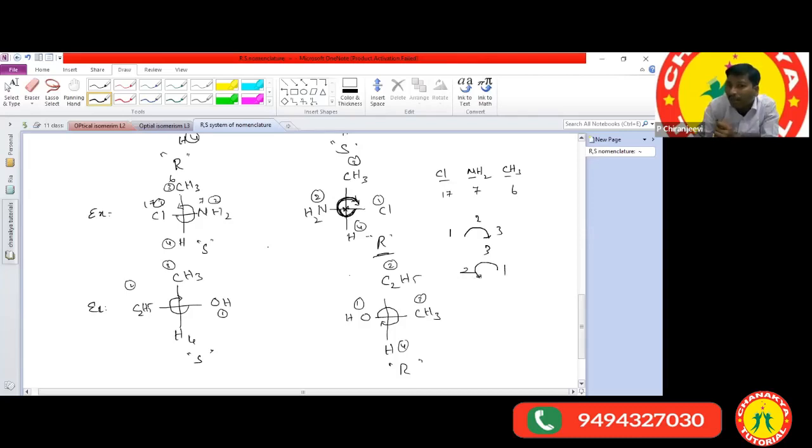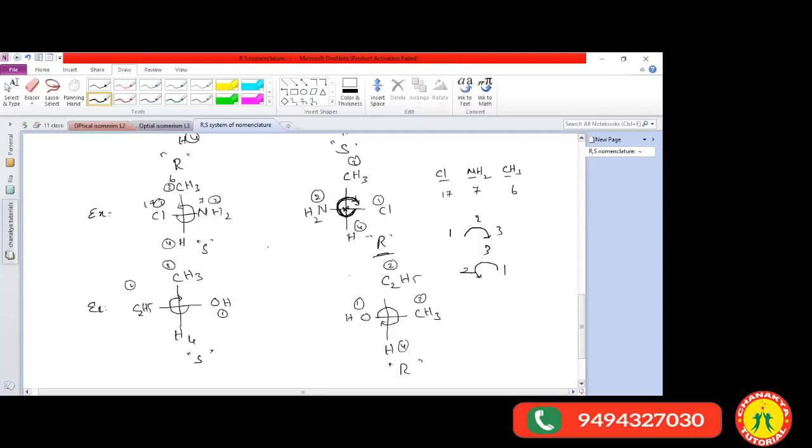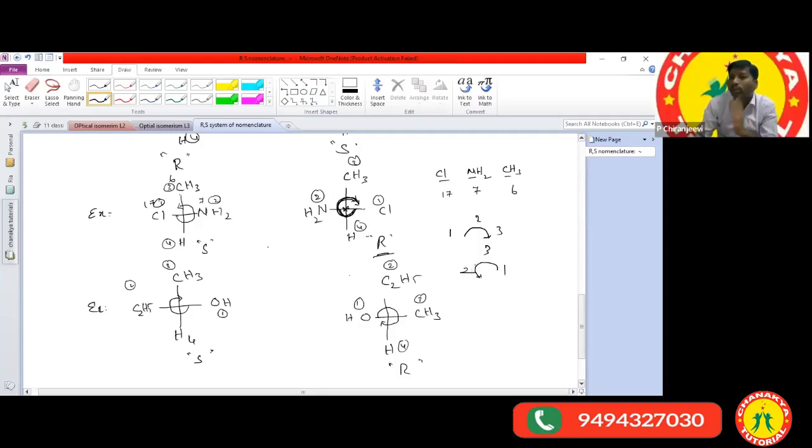If you start the numbering, we can only go 1, 2, 3, not 1, 3, 2. So we have to add in a proper order, which may be clockwise or anti-clockwise. Clockwise direction we call R isomer. If it is anti-clockwise, we call it S isomer. Clear?